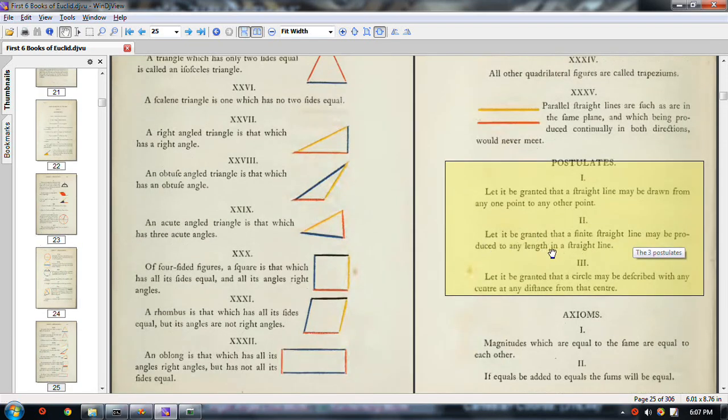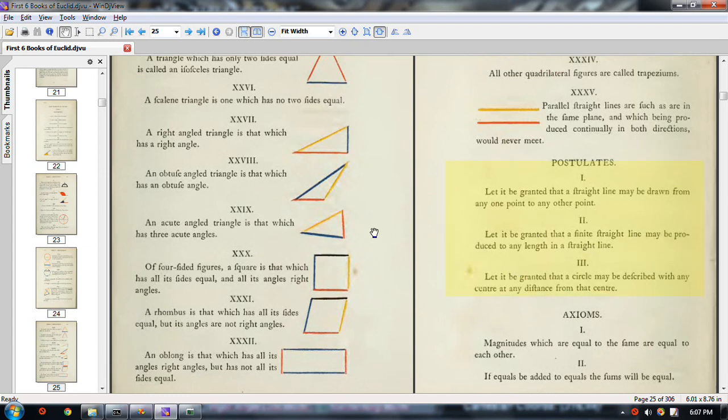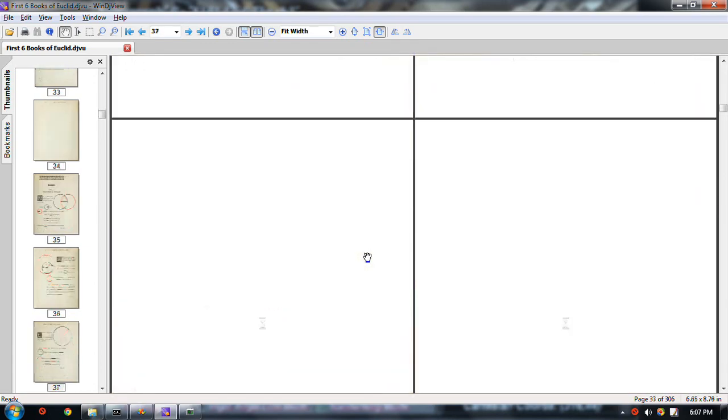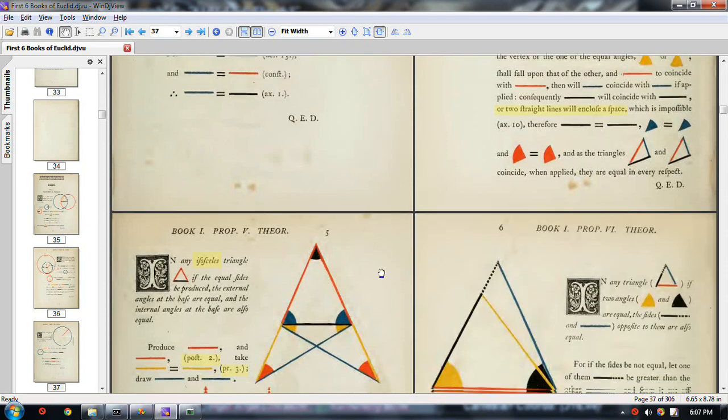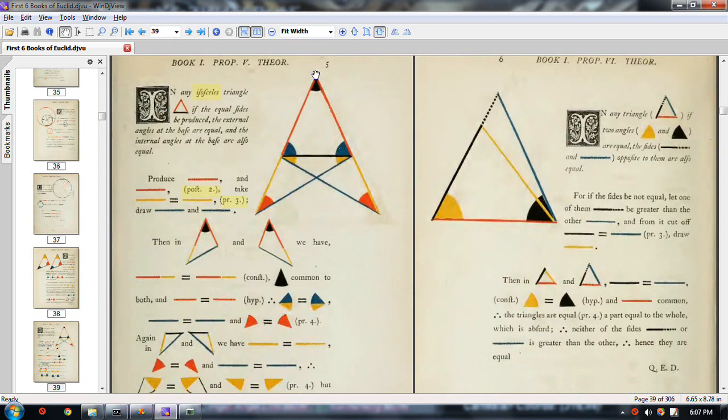Okay, we can produce a finite straight line to any length in a straight line. So that means the yellow part is arbitrary. Okay, the red's given, but also arbitrary and unknown, and we can extend that arbitrarily further. And that's the yellow bit.